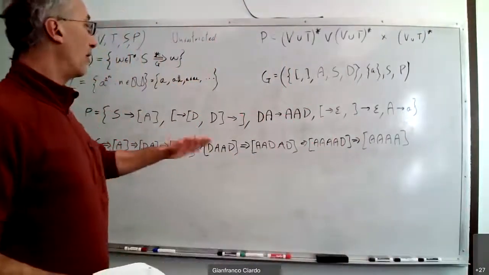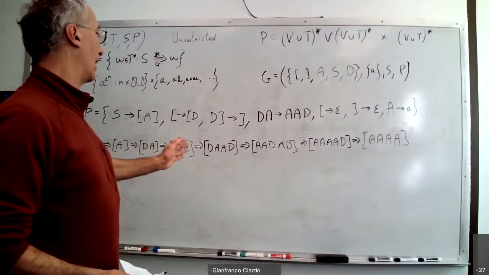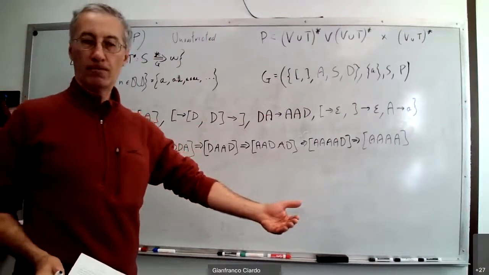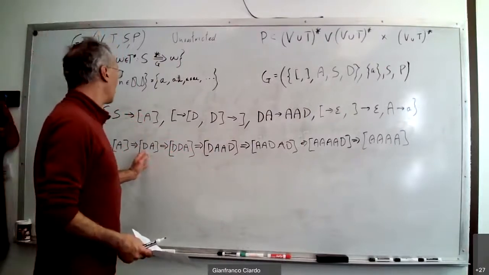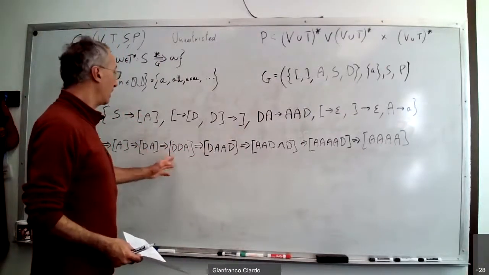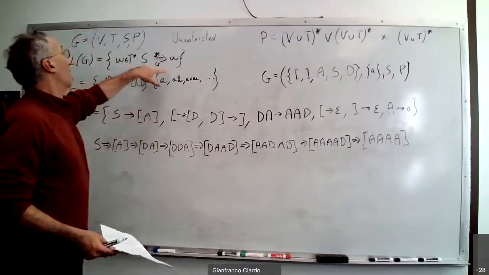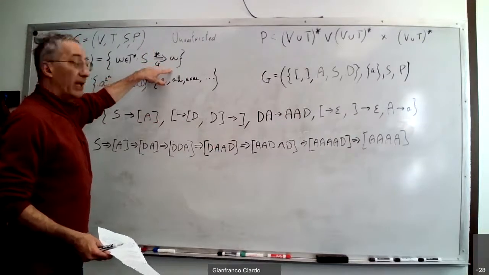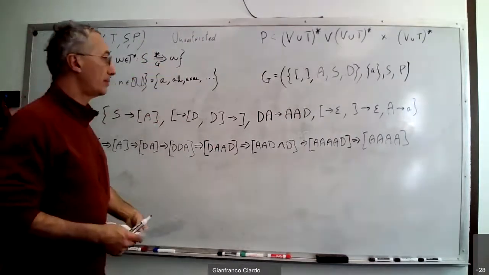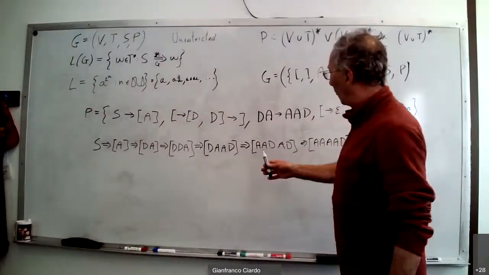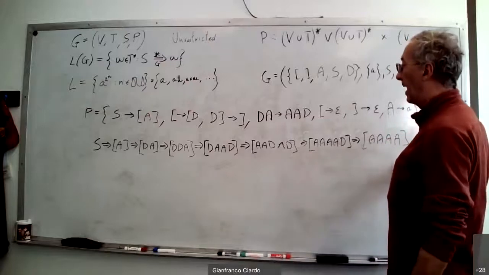So obviously, I cannot generate a non power of 2 number of A's, because either I don't generate a D, or if I generate a D, I need to get rid of it because it's just a variable, not a terminal. So for sure, every time I generate a D, I will double the number of A's I have.